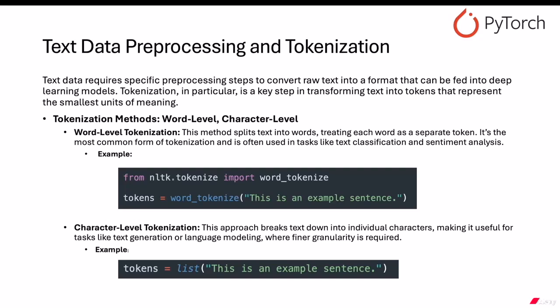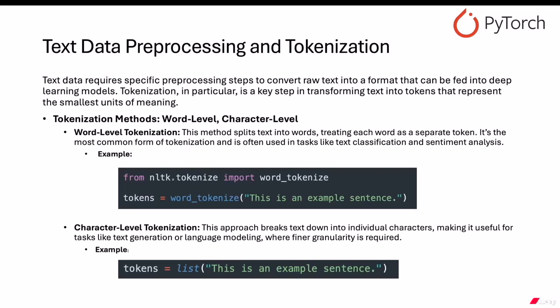Tokenization methods, word level and character level. Let's look at word level tokenization. This method splits text into words, treating each word as a separate token. It's the most common form of tokenization and is often used in tasks like text classification and sentiment analysis.